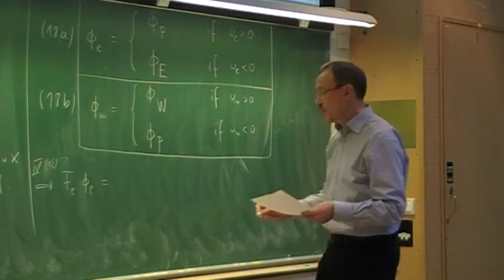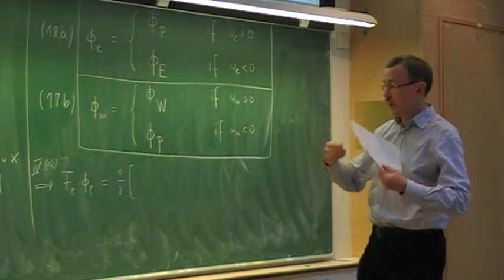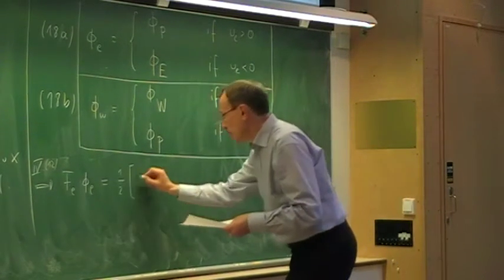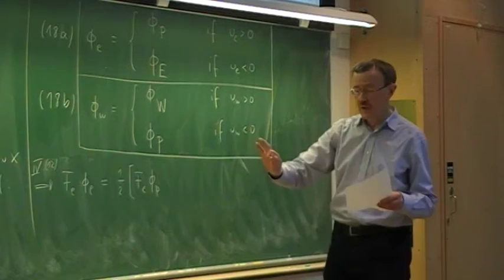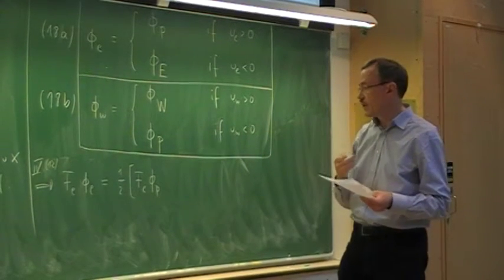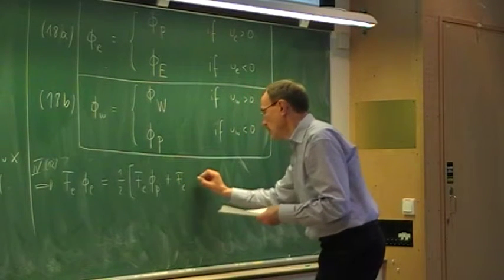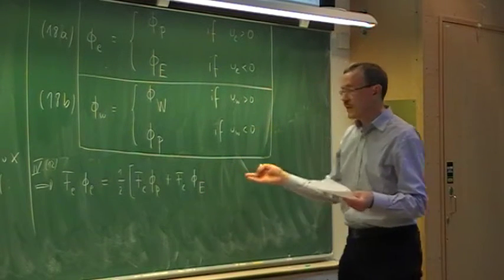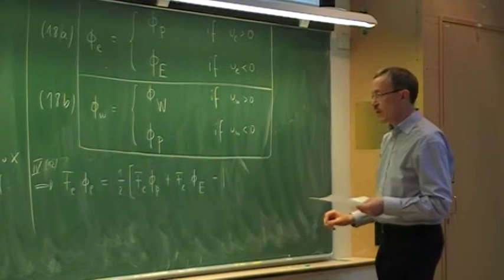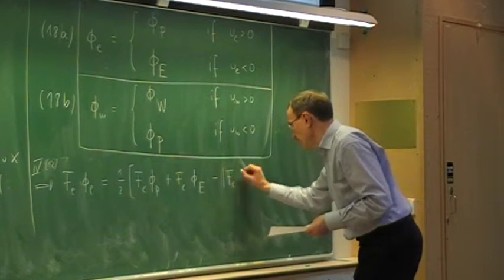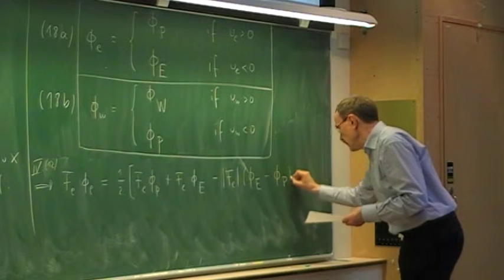The way we did it was that we take simply the average of this expression that we want to compute, our convective flux, and we do that for the cell P. So the Fe is given, like the U in our linear convection equation, times phi P plus the Fe times the phi E. That would be the central discretization. But then we subtract the modulus of Fe times the difference of phi E and phi P.